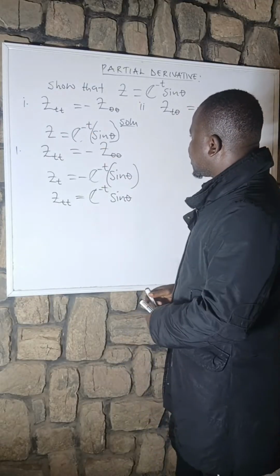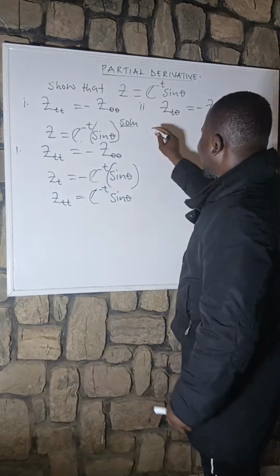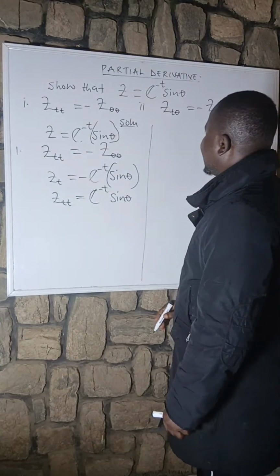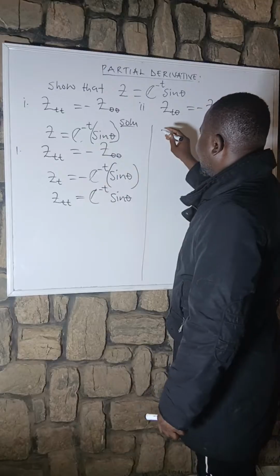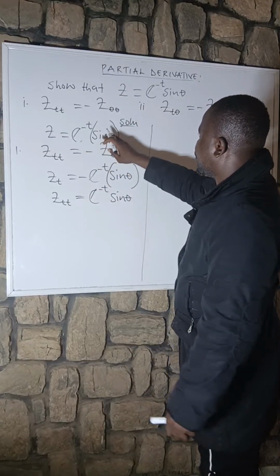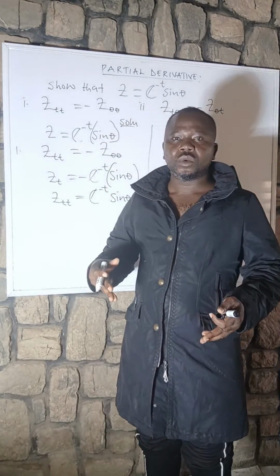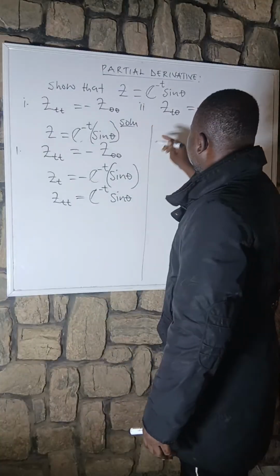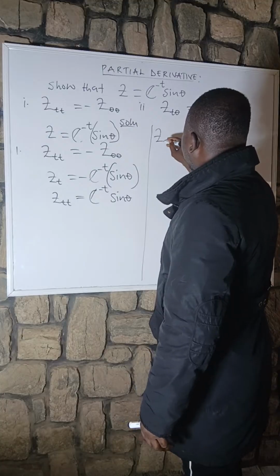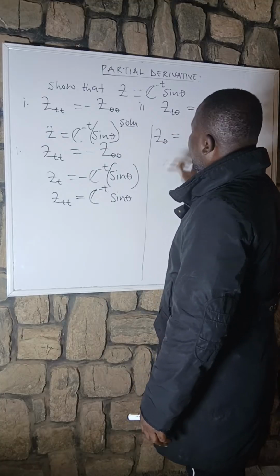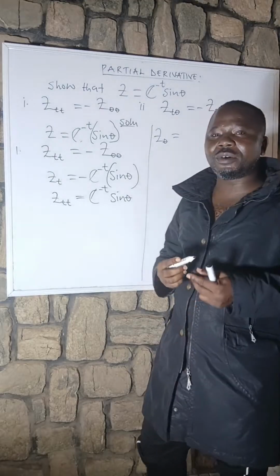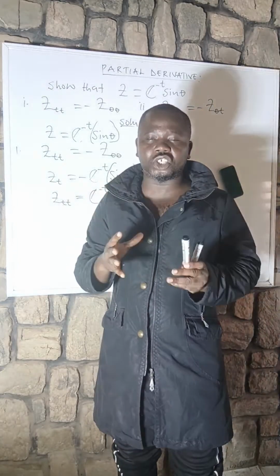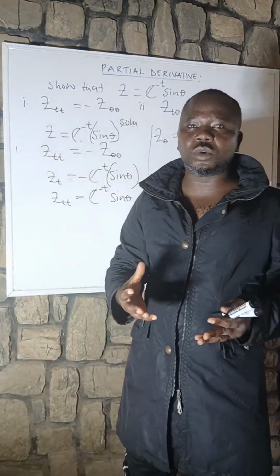So let us consider the right hand side. This means we have to differentiate this function partially with respect to theta. Look at it here. So our z subscript theta will now be, it means you are going to consider only the function that contains theta.